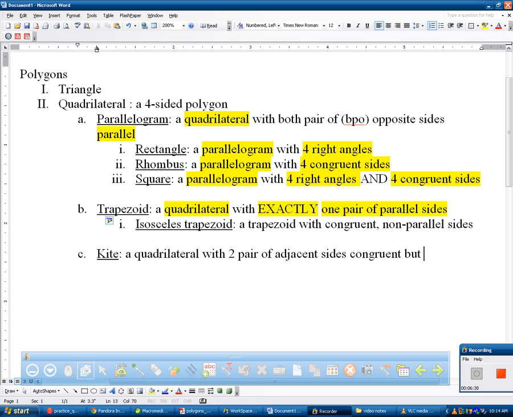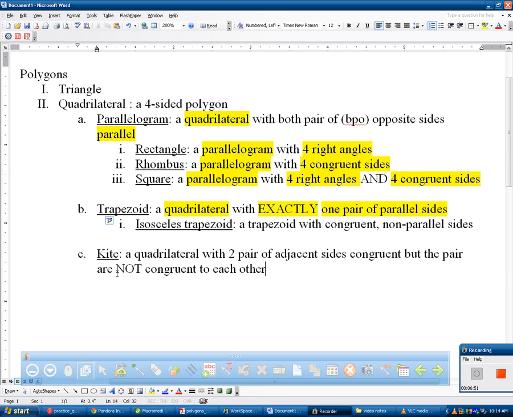but the pair are not congruent to each other. It is probably the one shape that is easiest to point out in picture form, but it is the most difficult to write a definition for. That's the special thing about a kite.